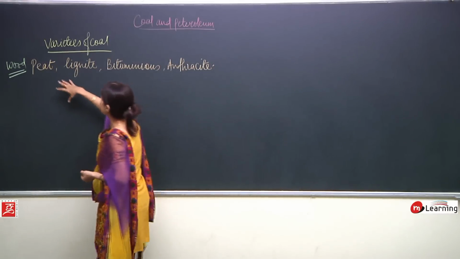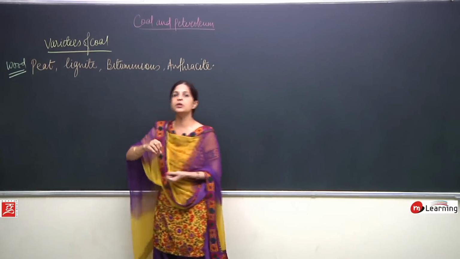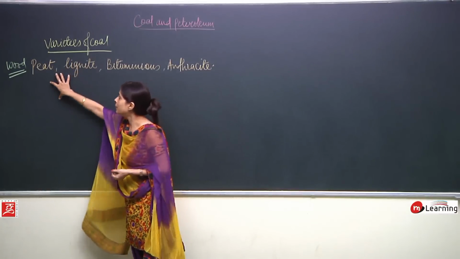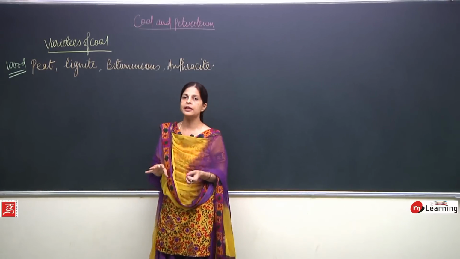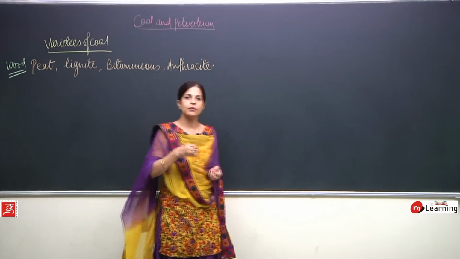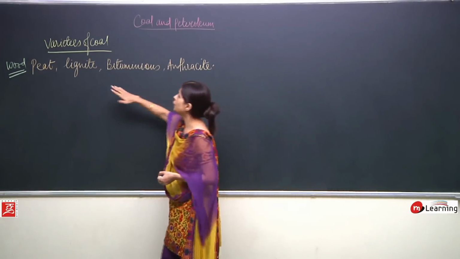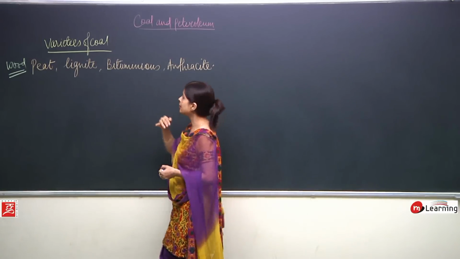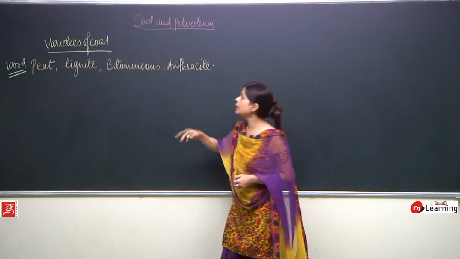Now if this decomposition continues for a longer period, that means if peat is not removed and is allowed to stay for more years, then what happens? Peat gets converted into lignite. If lignite continues to be there, if it is not removed, then what will happen?